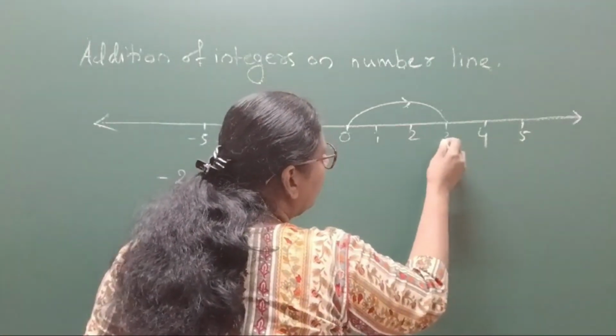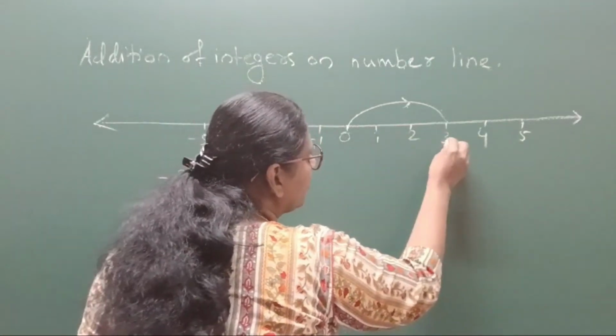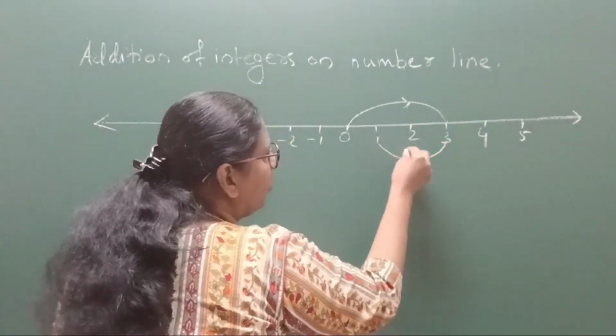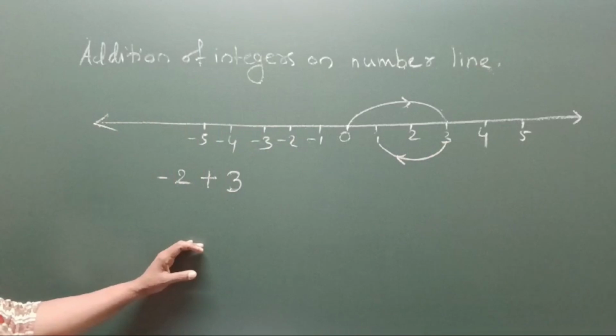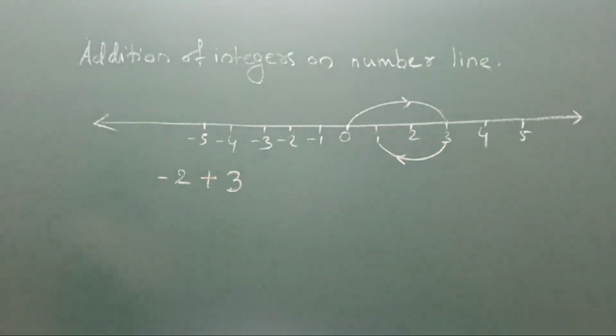So here 1 unit, 2 units. So from here to here you will move. This is how you have to do the addition on number line.